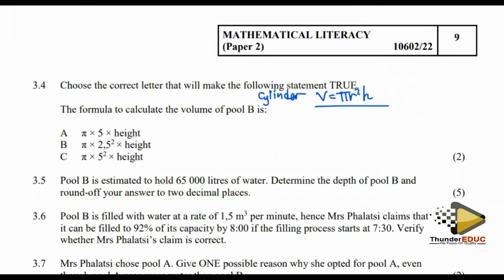Squared. Let's come back here. Yes, here the answer, we've seen it already. It's what? B. Why? We have pi, this is the radius, and we have the height. Pi, radius, and the height. So B is the right answer.